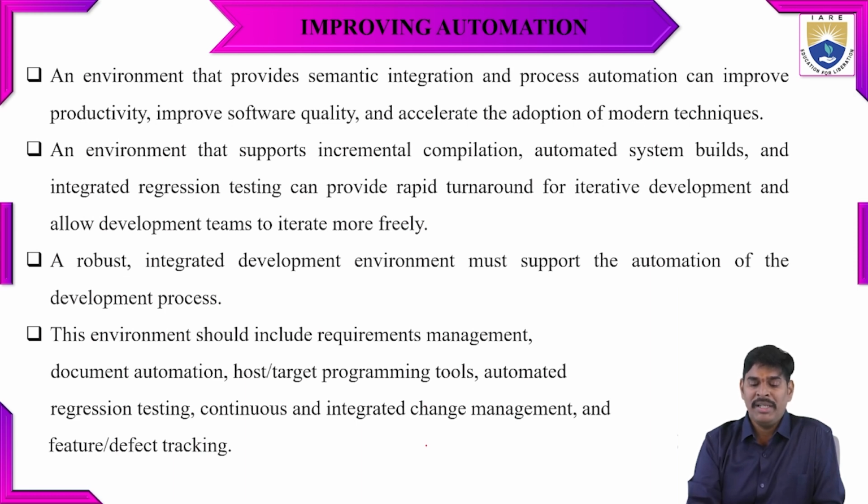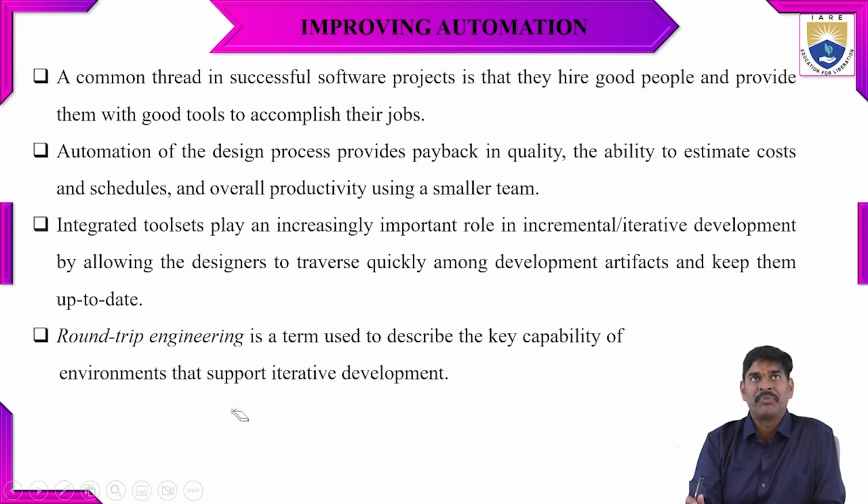And in the environment, we have requirement management and document automation, host or target programming tools, automated regression testing, continuous and integrated change management, and various feature or defect tracking in the tools and technologies. Here mainly they need to verify what techniques and tools will be used to minimize human intervention.